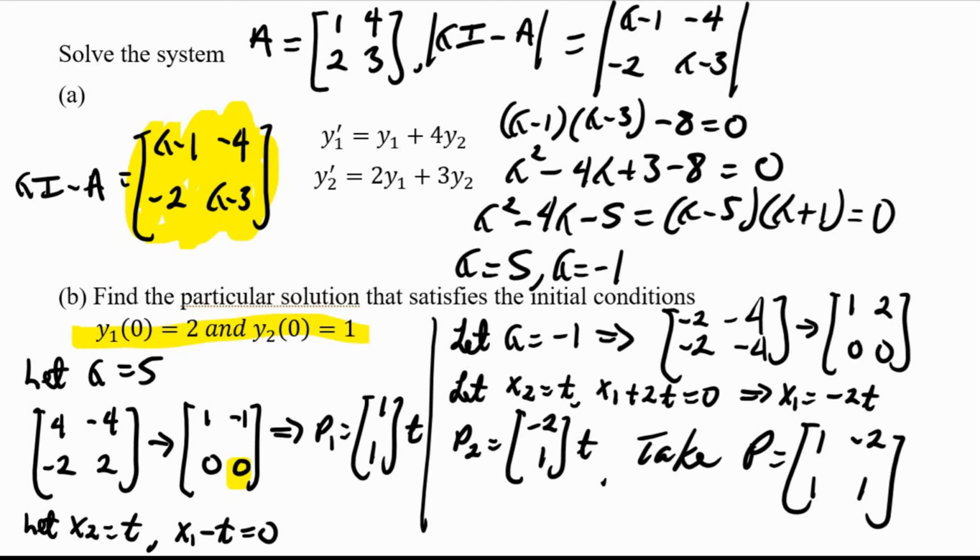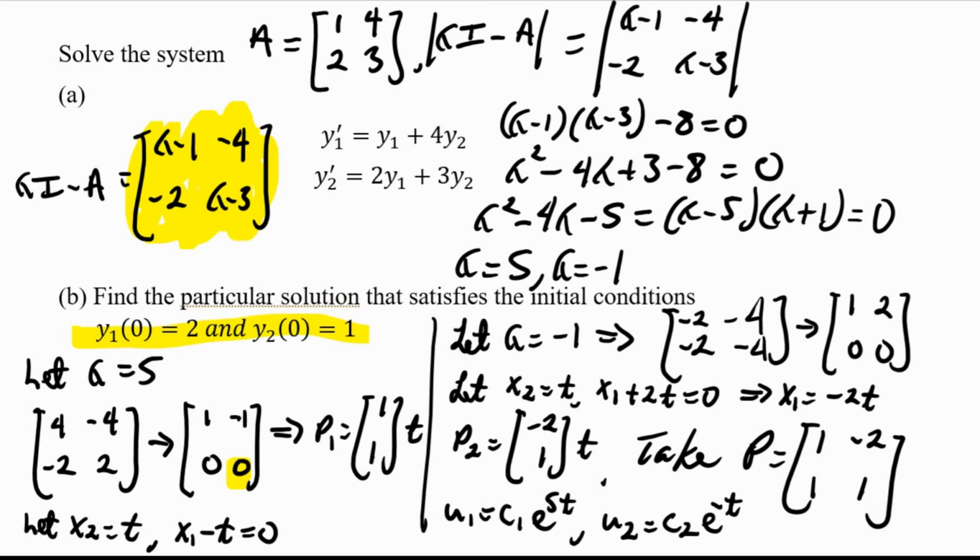And then we get u sub 1 is c sub 1 times e to the 5t, and then u sub 2 is c sub 2 times e to the negative t.